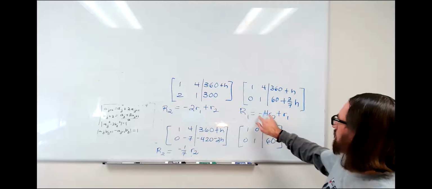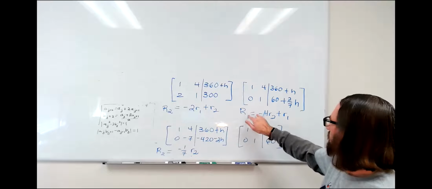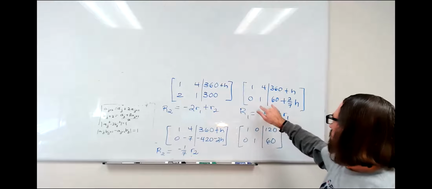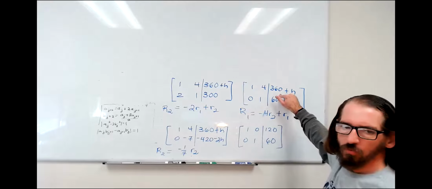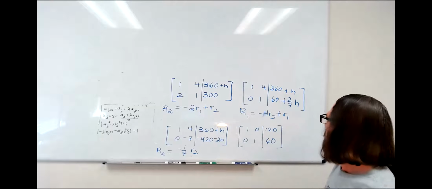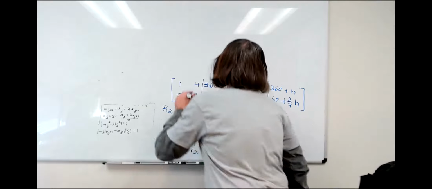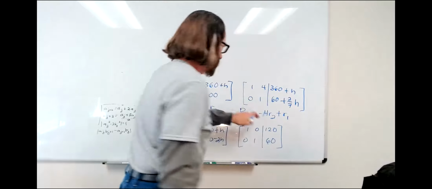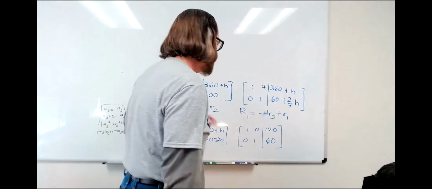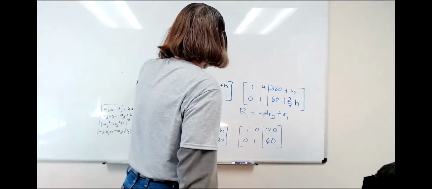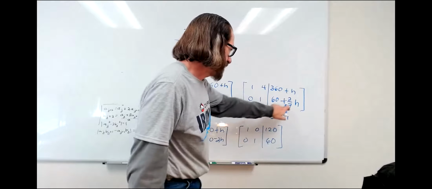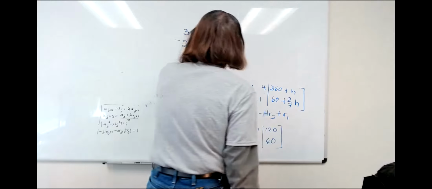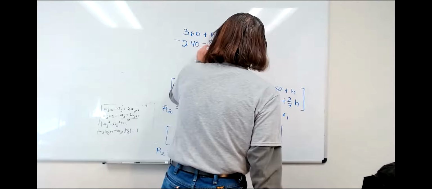And then finally, when we multiply everything in row 2 by -4 and add it to row 1 to get a new row 1, let's see here. -4 times 60, and continuing to distribute, -4 times plus 2/7 h would be minus 8/7 h.